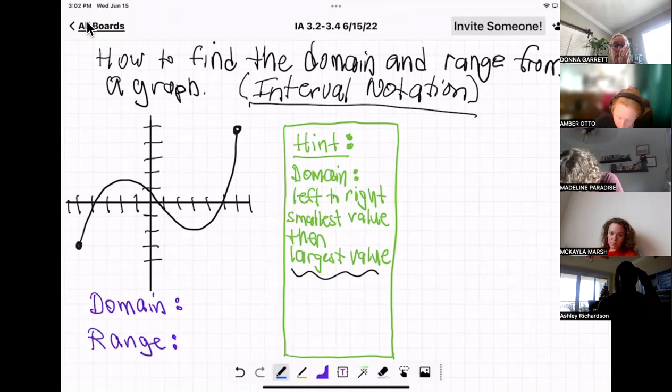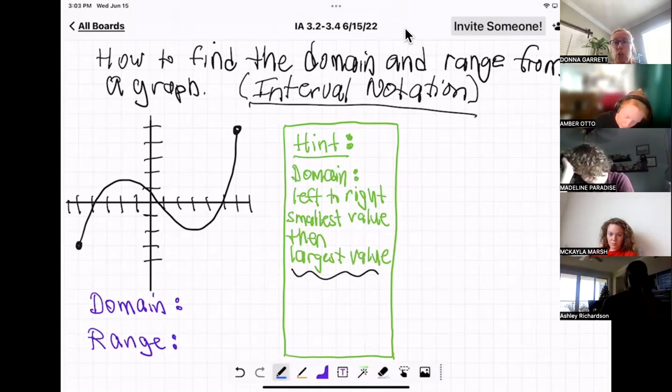So you're going to look like a book, left to right, and then look at the smallest value and the largest value. And again, I'll show you this when we do a couple graphs. Then range.